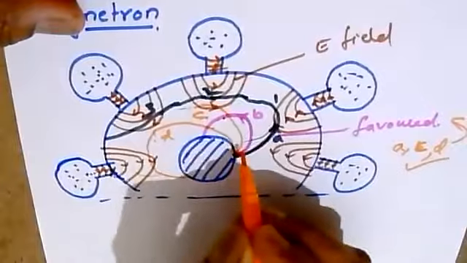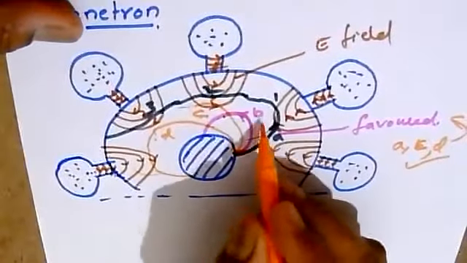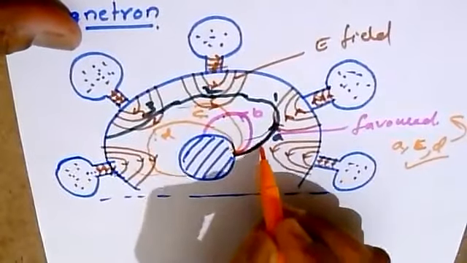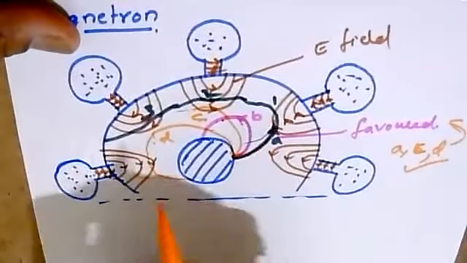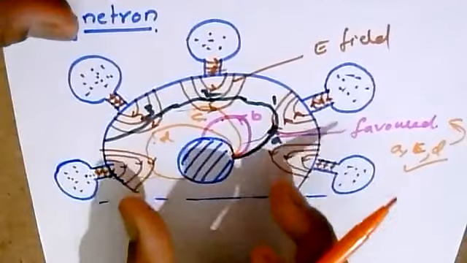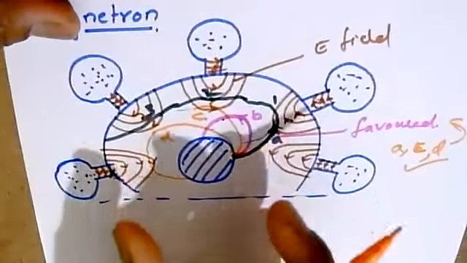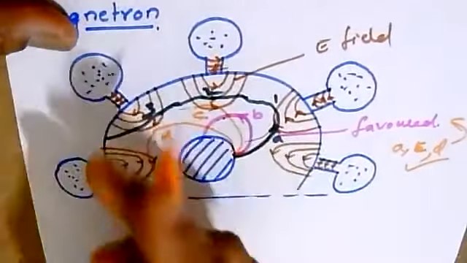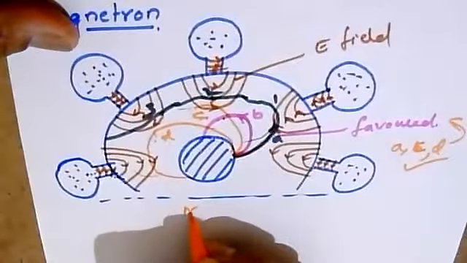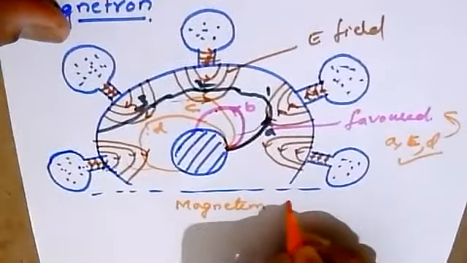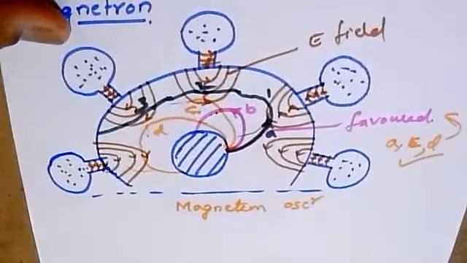So no oscillations will be provided by such electrons, which are said to be unfavored electrons. This is how the magnetron, which generates the oscillations, acts as an oscillator. So the magnetron is said to be used as an oscillator.